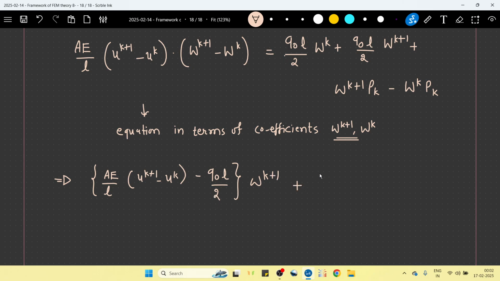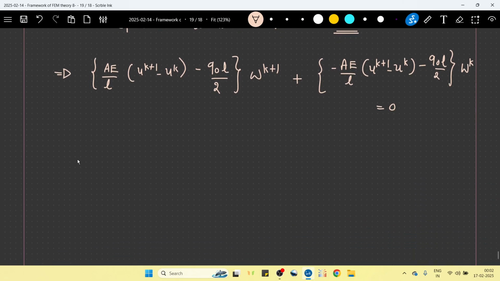Similarly, for WK it is minus AE by L, UK plus 1 minus UK, minus Q0 L by 2 WK, is equal to 0.